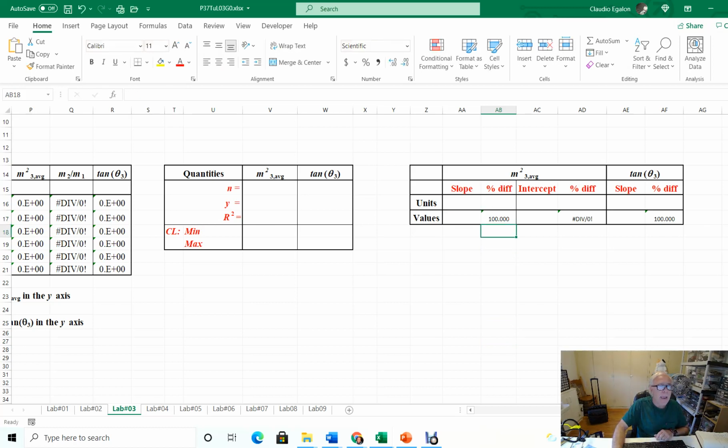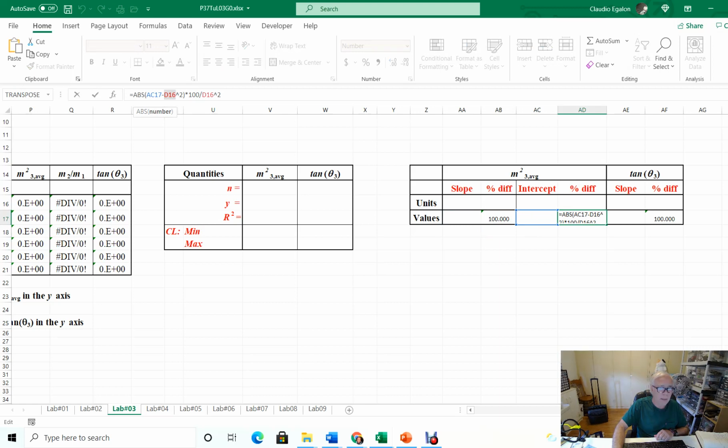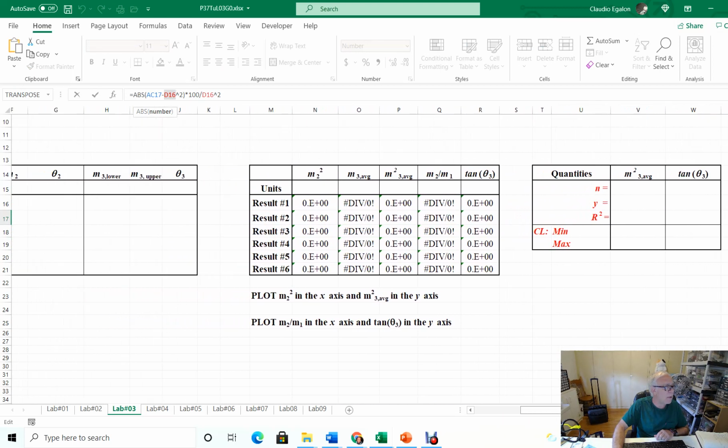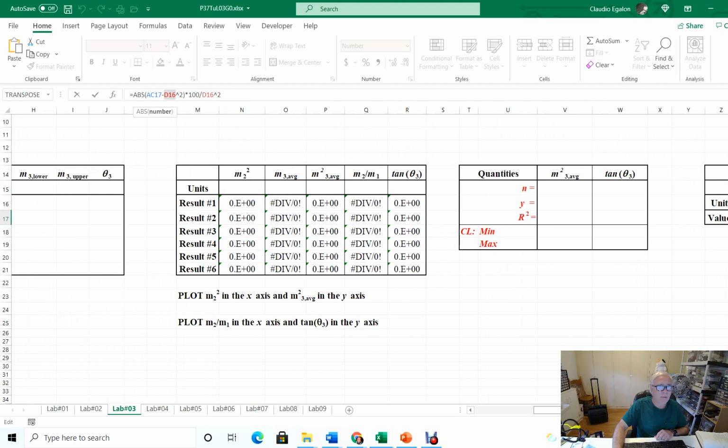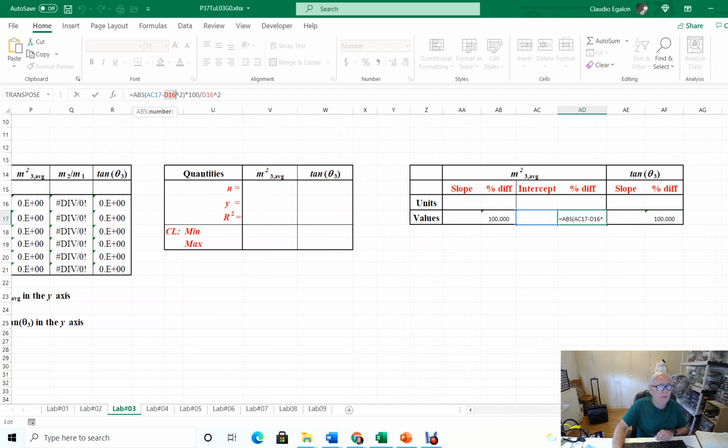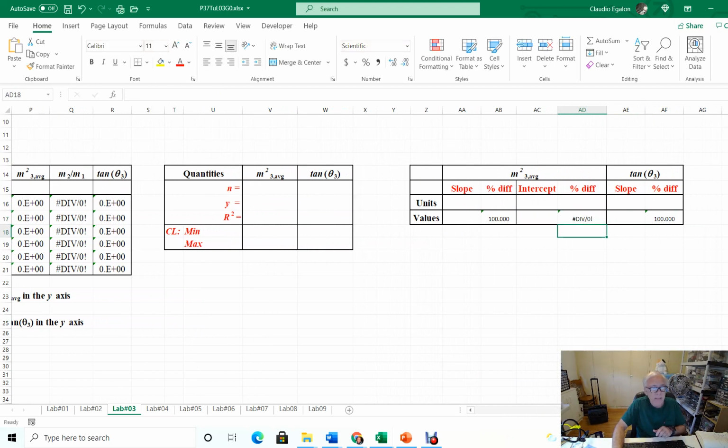And the intercept, you're going to log the intercept from your equation. The intercept is supposed to be the square of M1, which would be 300 grams squared. Don't forget, the mass has to be converted to kilograms. But for the intercept, make sure you get the proper unit.